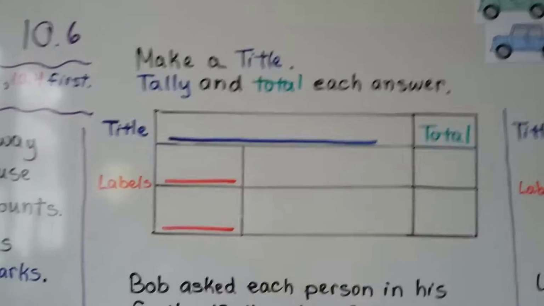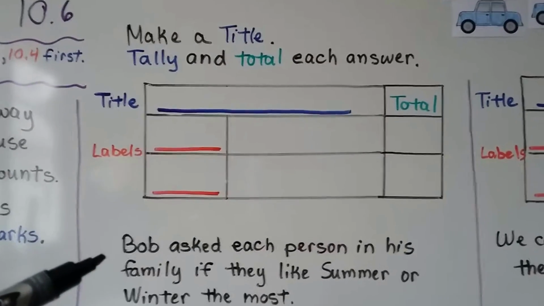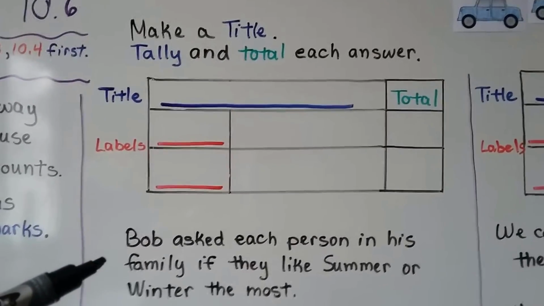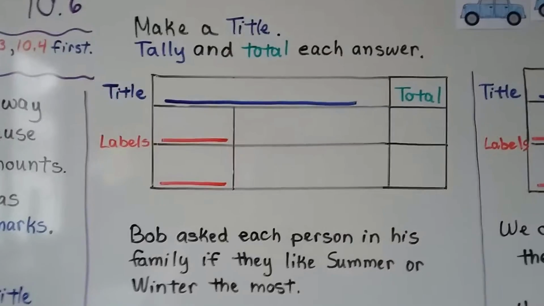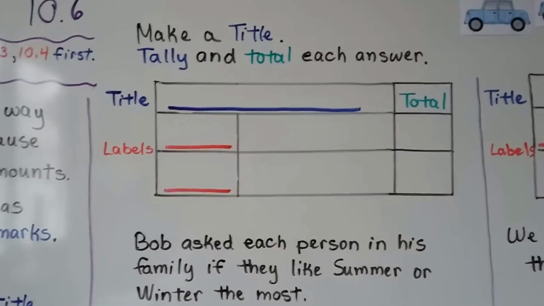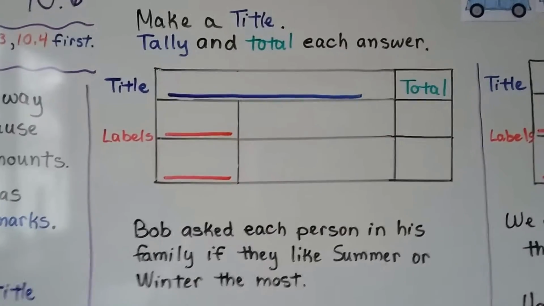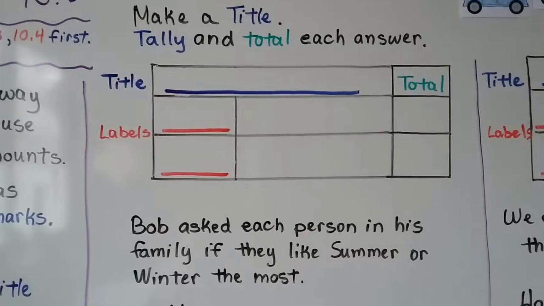So here's a tally chart that's blank. It needs to be filled in. Here's our information. Bob asked each person in his family if they like summer or winter the most. So what should we call this tally chart? He's asking if they like summer or winter the most.